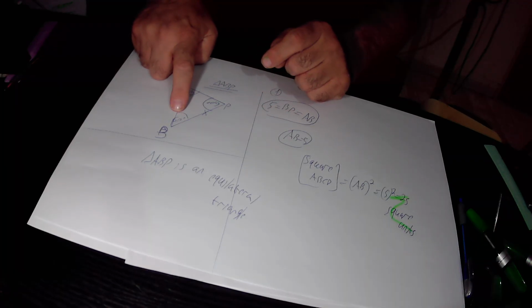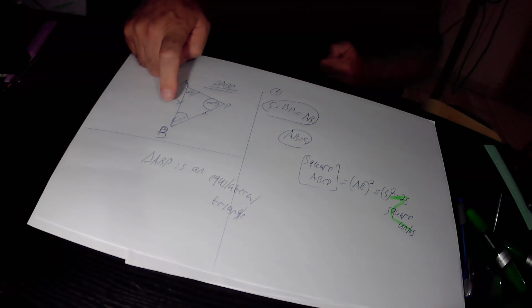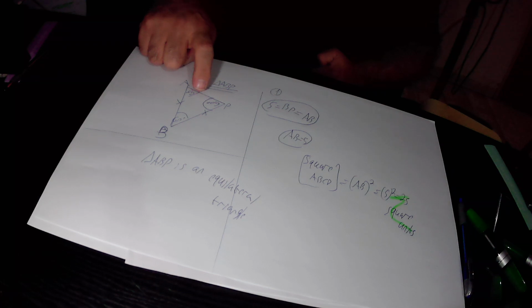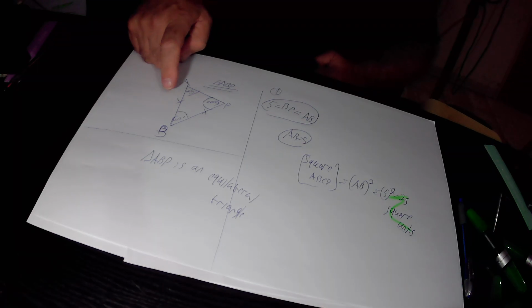But this angle equals 60 degrees, and therefore this angle must also equal 60 degrees according to the rule that I mentioned. In triangle ABP, 60 degrees plus 60 degrees is 120 degrees. Therefore, this first missing angle must be equal to 60 degrees according to the rule that the sum of the angles in any triangle is 180 degrees. Triangle ABP has three angles that are all 60 degrees. Therefore, it is an equilateral triangle.